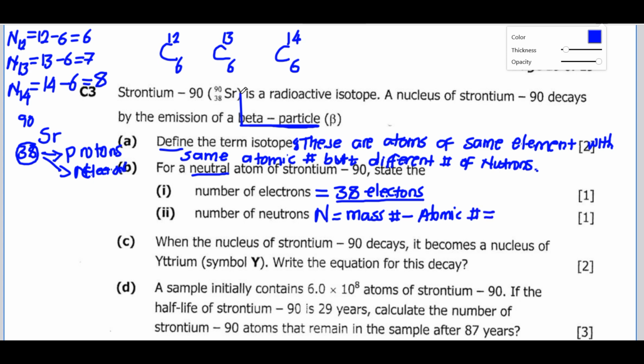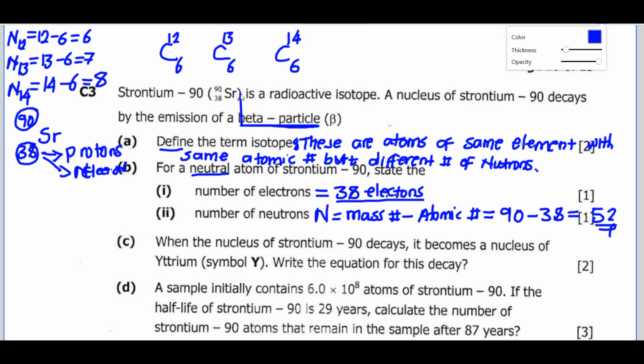The mass number for strontium is 90, and the atomic number is 38. So we need to find the difference between 90 and 38, which gives us 52. This is our final answer. As you can see, it is very simple.